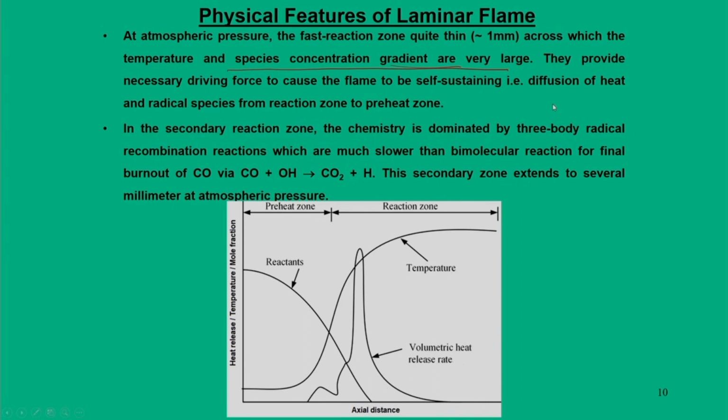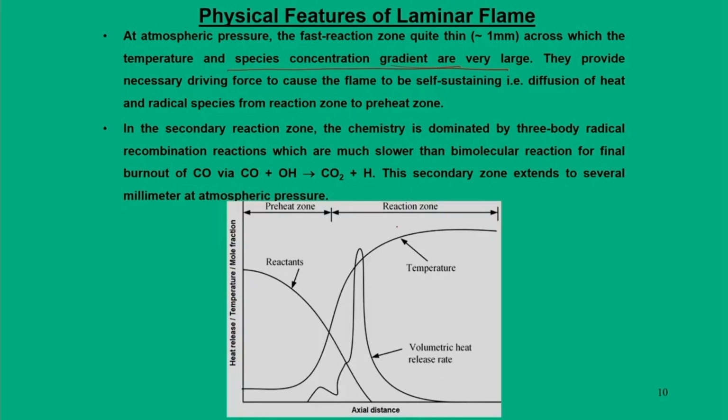Hence, we can say diffusion of heat and radical species from the reaction zone to the preheat zone can produce a self sustaining flame.